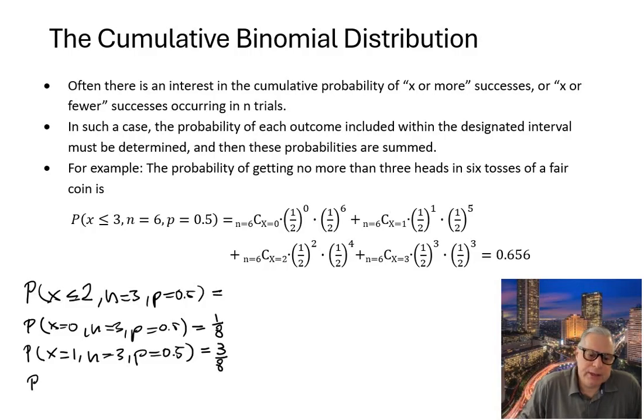And the probability of having exactly 2 girls from 3, well, having exactly 2 girls is the same probability as having exactly 1 boy, that is also 3/8. So cumulatively, what's the probability of getting up to 2 girls?